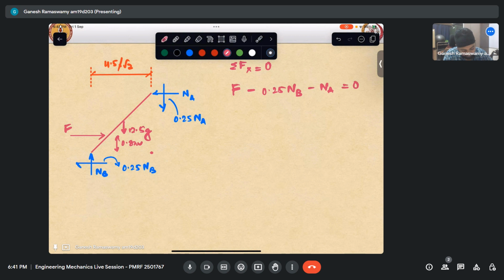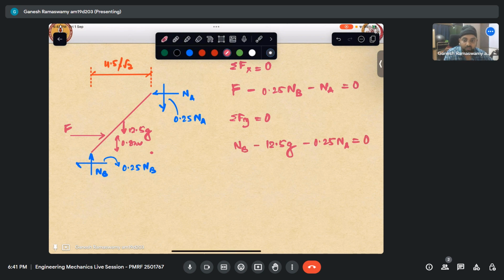Next is sigma Fy equaling 0. We can see that this is in the y direction, this is in the y direction, and so is this. So these three will appear here. So I have NB minus 12.5 G minus 0.25 Na equaling 0.